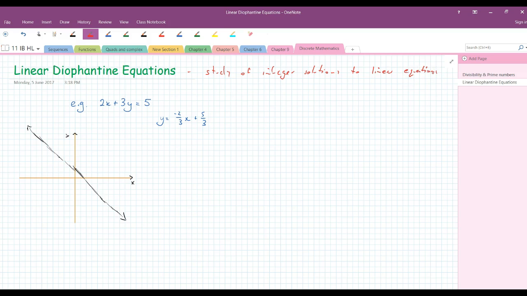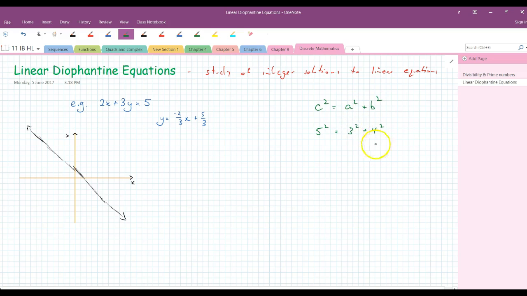Now, the search for integer solutions to nonlinear equations, you will be familiar with some of these. For instance, c squared equals a squared plus b squared, you'll recognize as Pythagoras' theorem, and you know there are an infinite number of integer solutions to this, such as 5 squared is equal to 3 squared plus 4 squared.